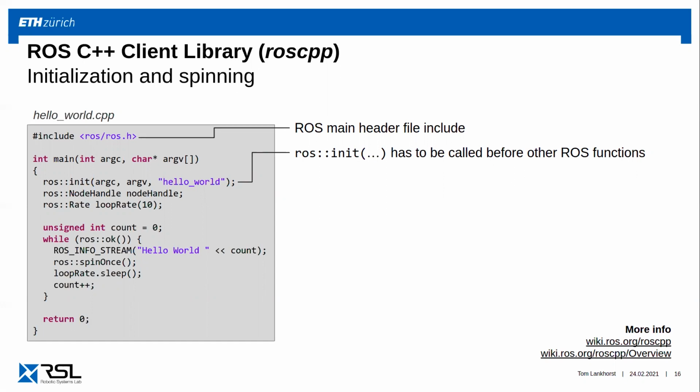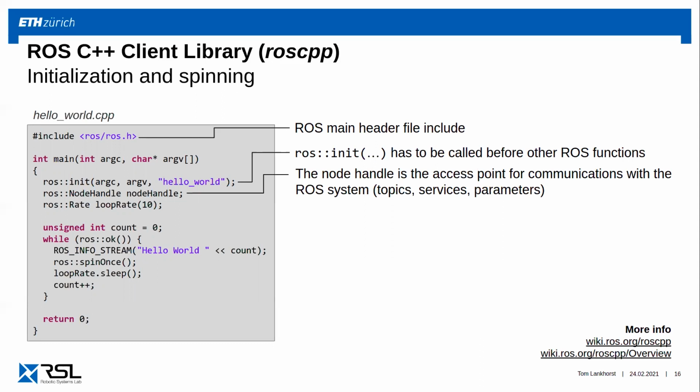The ROS init function takes as a first argument the argument count, and as a second argument, the argument vector that were passed to the main function. So make sure to pass argc and argv to ROS init. The third parameter is the name of the node. This is up to you to choose, but it would make sense to choose your package name here.